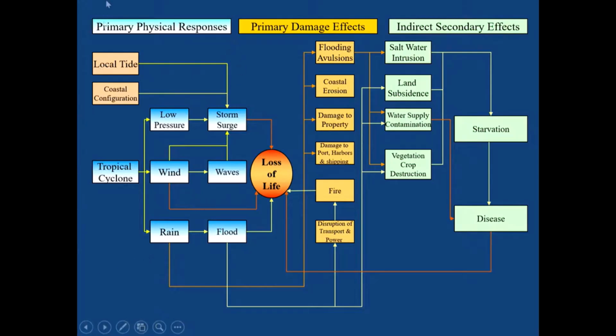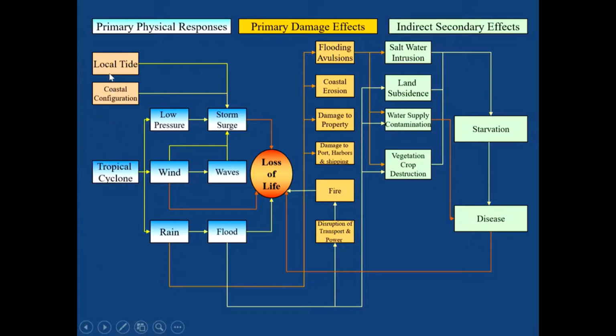And a few of the same things will happen. These primary effects and secondary effects also happen due to the impact of tsunami. So let us first consider the tropical cyclone.